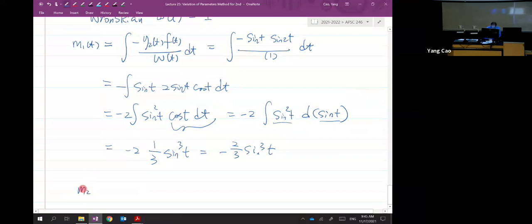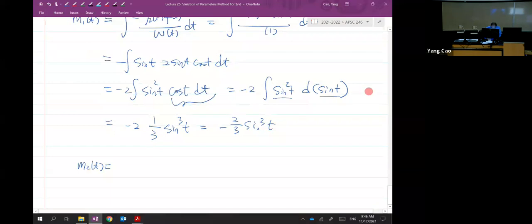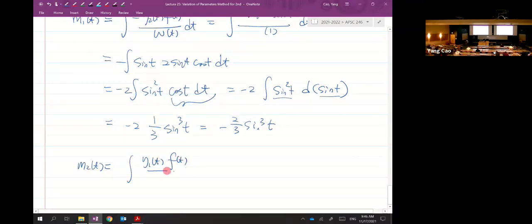Similarly, let's try M2 of t. Are you comfortable with this sort of substitution rule? As complicated as it could go, this is probably what you could see in a final exam type of question. M2 of t is the integral of y1 f of t over W dt. Y1 is cosine t, sine 2t over 1 dt.